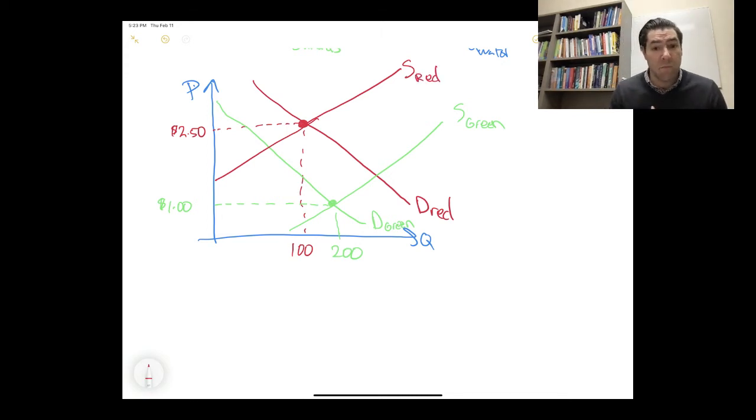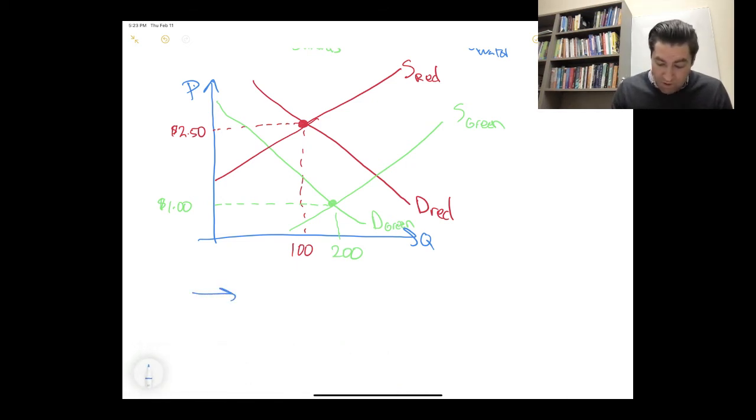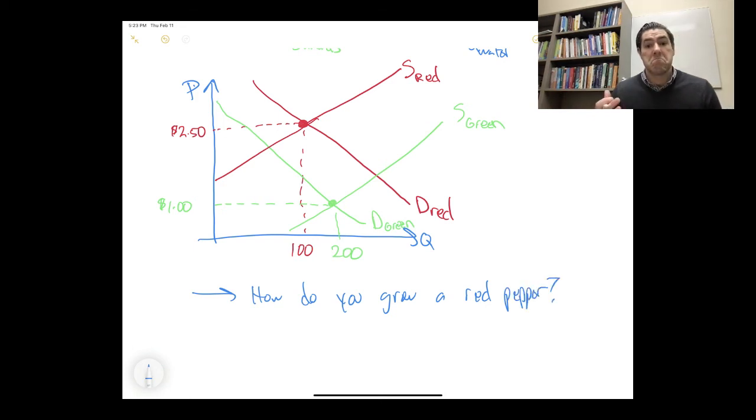If you know anything about peppers, that makes quite a bit of sense, right? So how do you grow a red pepper? I take a green pepper and I let it grow for longer. Let green grow.